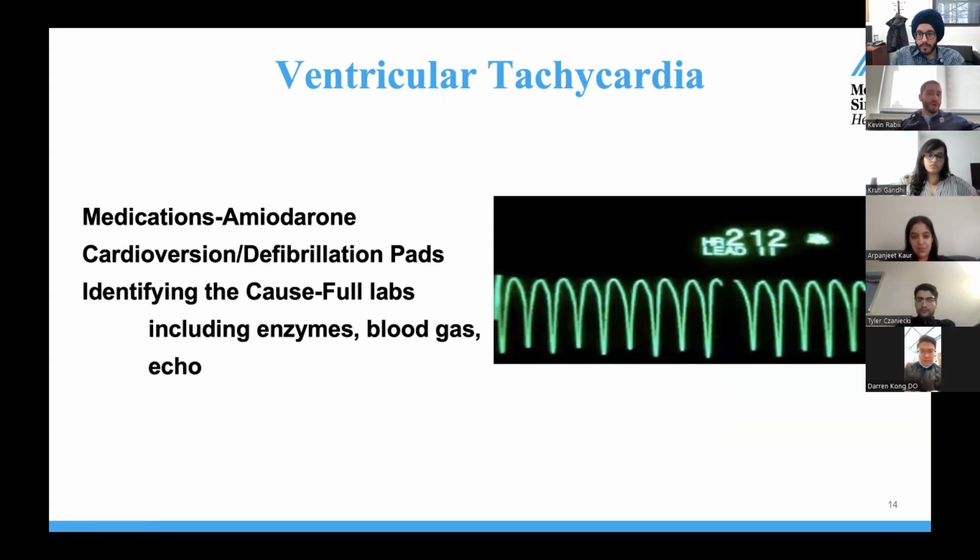So metabolic derangements, electrolytes, ischemia, so cardiac enzymes, if the patient's intubated. You would obviously want to touch base with cardiology, consider an echo. There's really a very wide differential, and you treat it similar to sinus tach. You always want to look for the underlying process that is actually driving it.